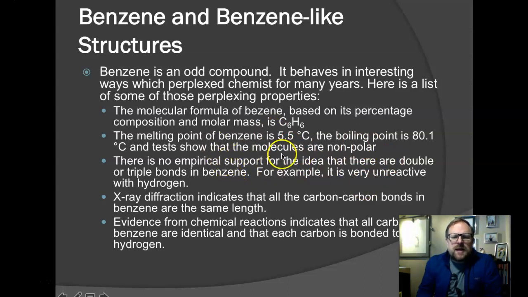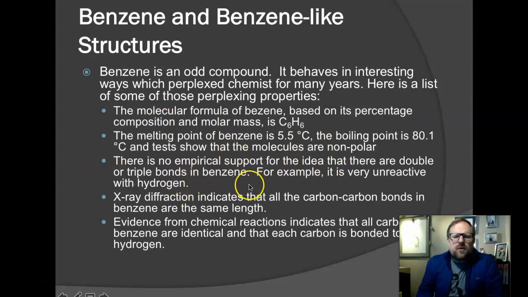But tests also showed that the molecules were nonpolar, and with a relatively high melting and boiling point you might think it would have more intermolecular forces, but the data showed it actually has fewer, which is rather interesting.